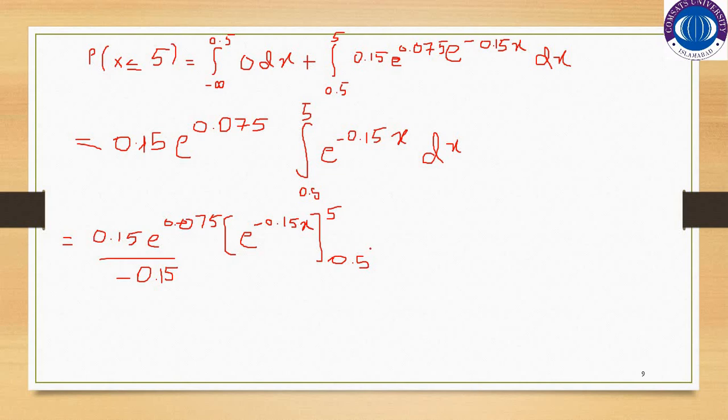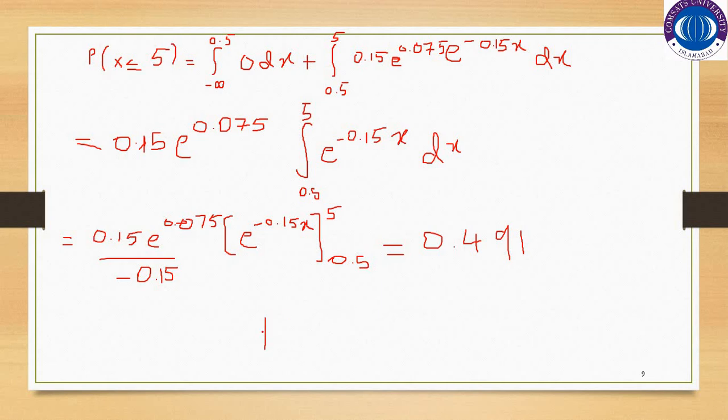By simplifying this, we will get the answer to this particular problem, which would be equal to 0.491. In this way, you can find the probability of the area between 2 points.